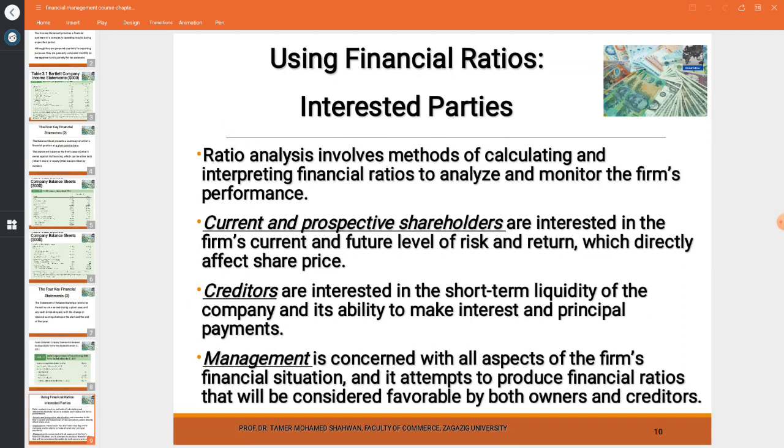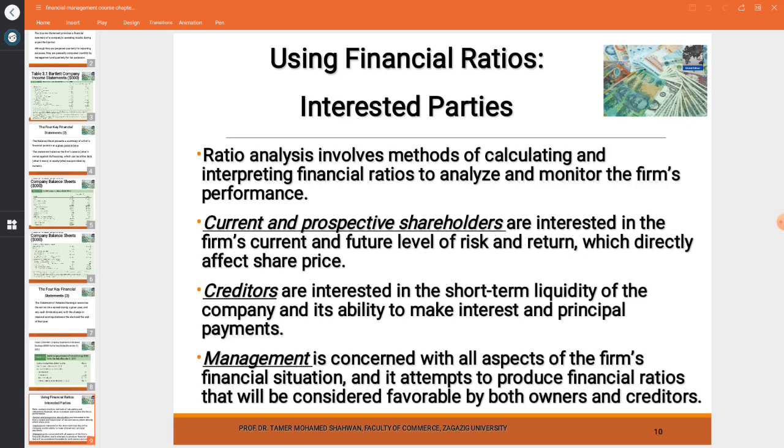Also, if you are current shareholders or prospective shareholders and you are interested to know the current and future value of risk and return existing in this firm, analysis of such data and information is very helpful in supporting this matter and in understanding the impact of risk and the impact of return on the share price.